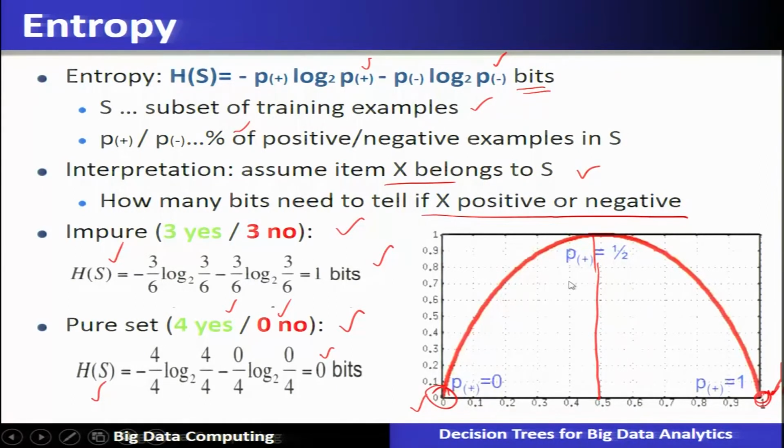So this particular diagram shows that if the number of bits is 1, then the decision will be 50-50, a 50% chance that the decision is going to be correct.